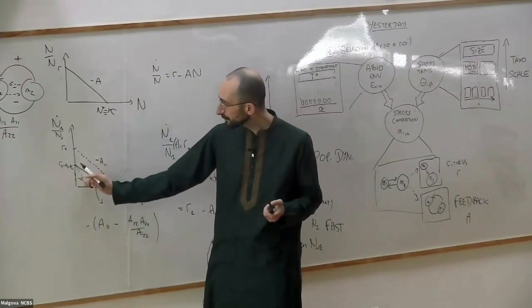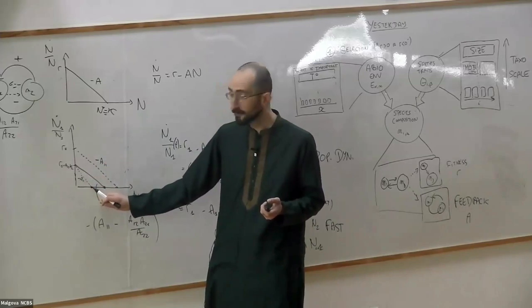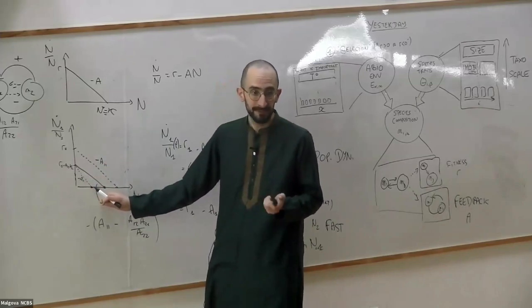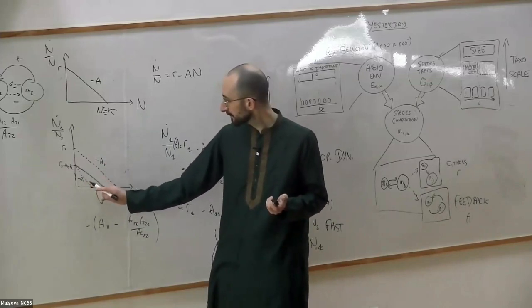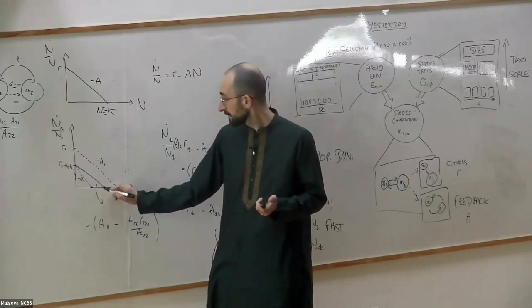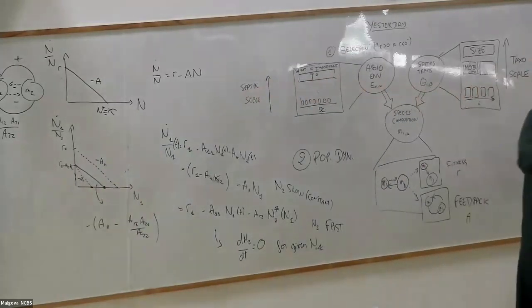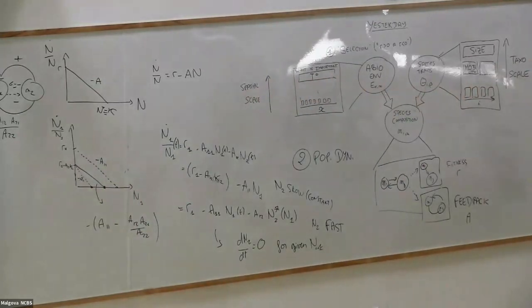And if n2 was very slow, what would happen is you would start on this curve. This is not really an equilibrium. Eventually, n2 will start to change. So you would start along this curve and then slowly converge towards the real equilibrium, because the real equilibrium does not depend on who is fast and who is slow, right? No matter how fast or slow you are, you will reach the same fixed point if there is a fixed point.